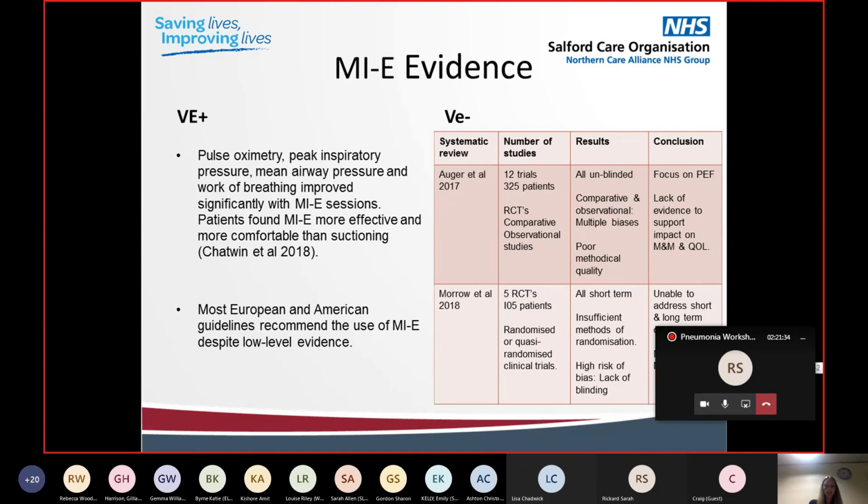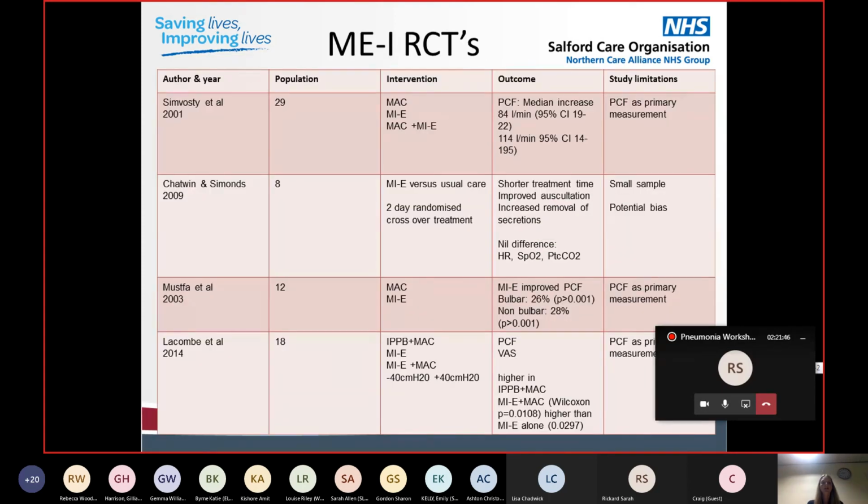Because when I looked at this, it concluded low level evidence, I did want to look at why the methodological quality was so poor. So I have pulled on a few randomized control trials just to try and synthesize that a little bit more, and to understand that we do use this device with practice.